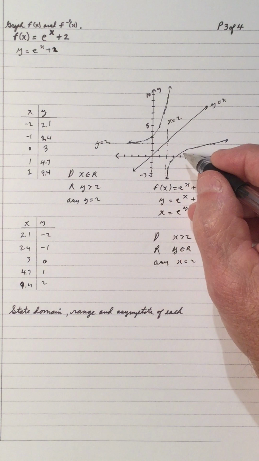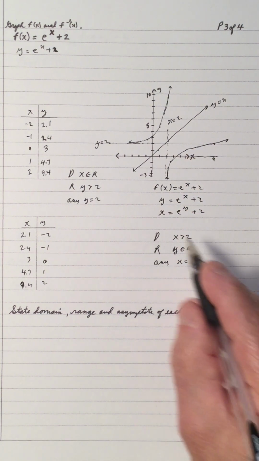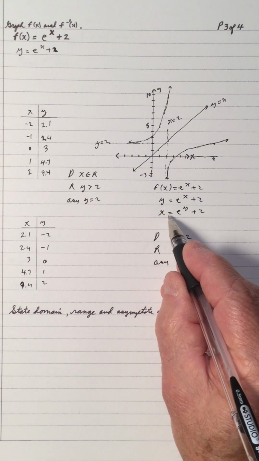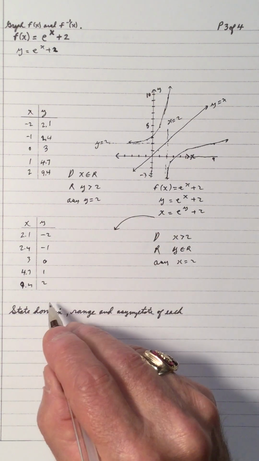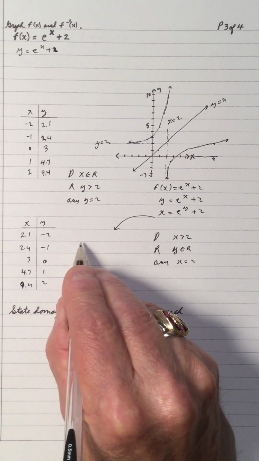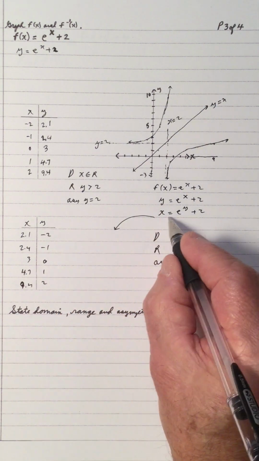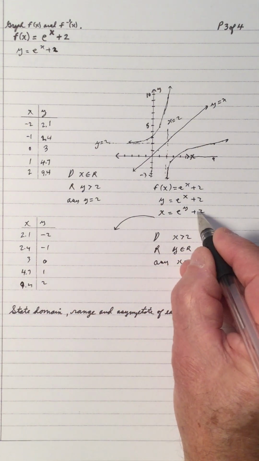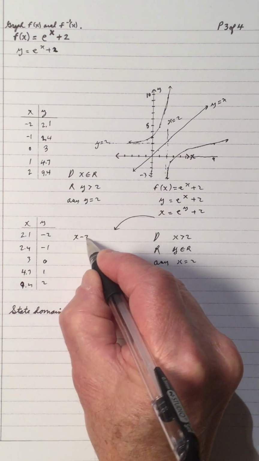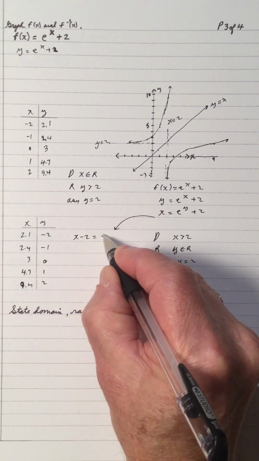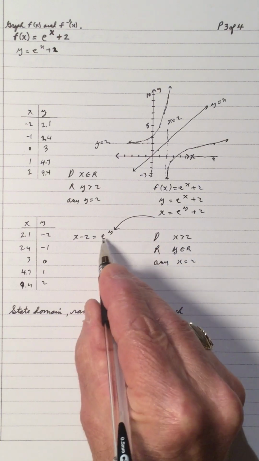So there's the asymptote. And what we're going to do now is take this equation and change it to a log form. Here we go. This is e to the y, so I have to move the negative 2 to the left side to isolate the exponential.